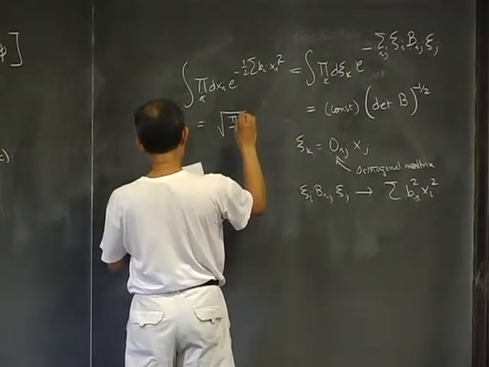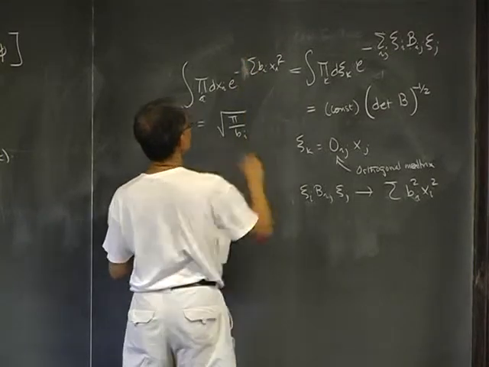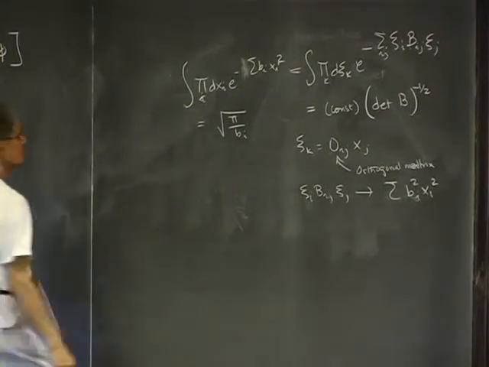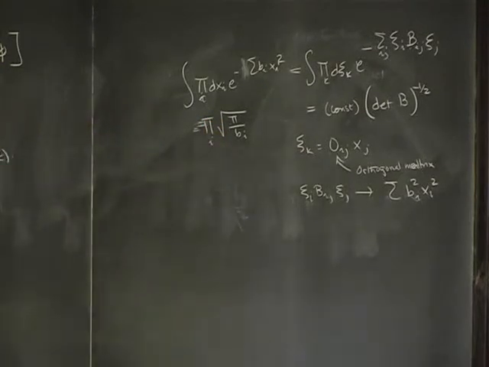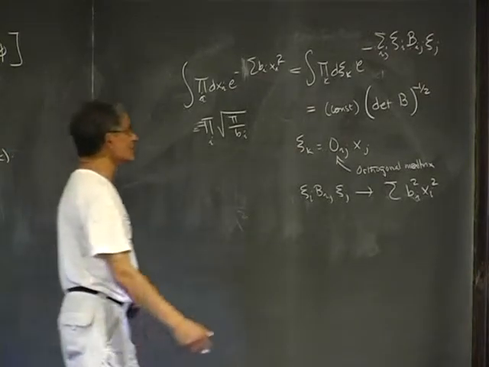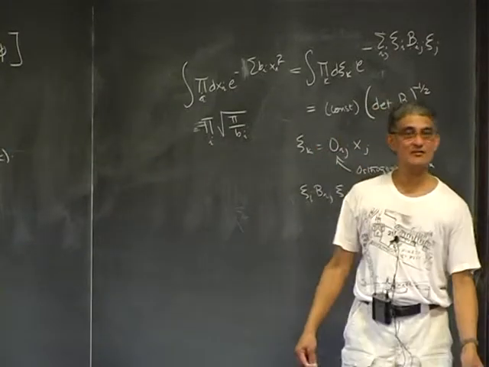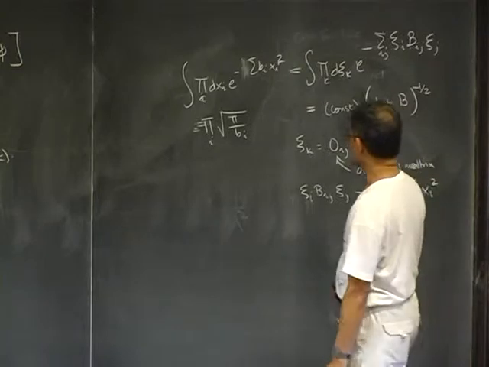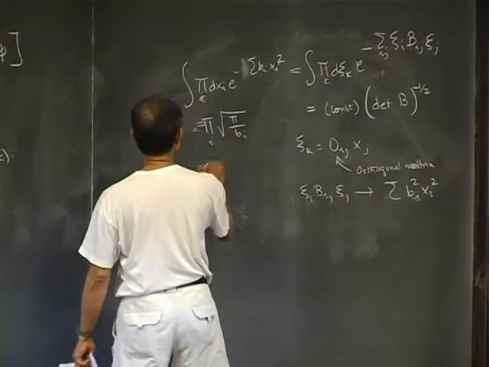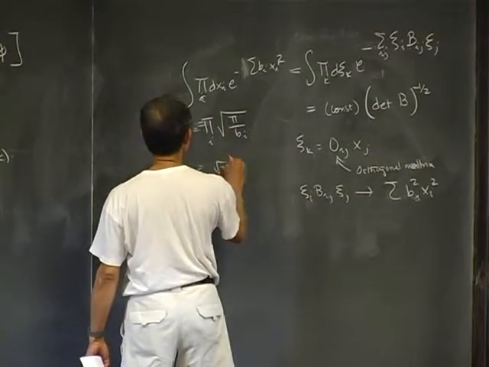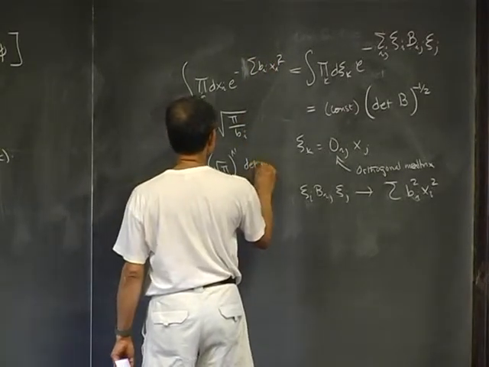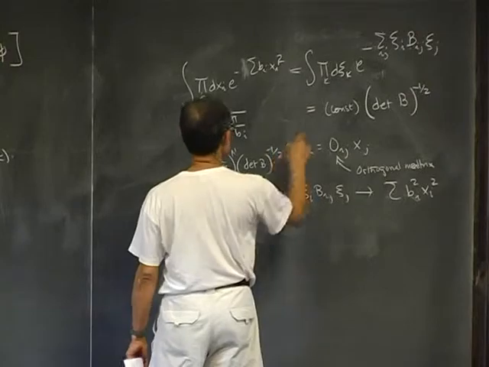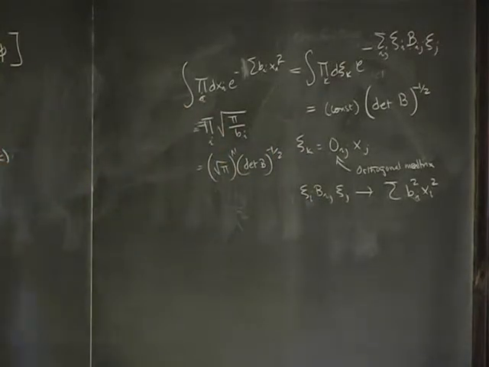I think there's probably no half here. It's just given by pi upon Bi with a product over i. The answer should be independent of what basis I use to write this matrix in the vector space, and this you immediately recognize is just root pi to the power n, if there are n such indices, and then determinant of B raised to the power minus half. That's where this formula comes from.